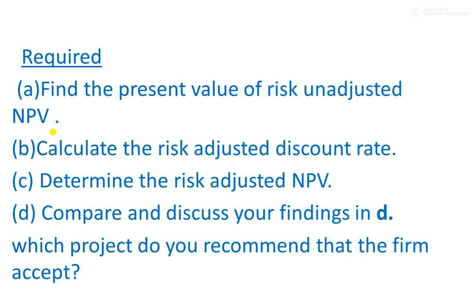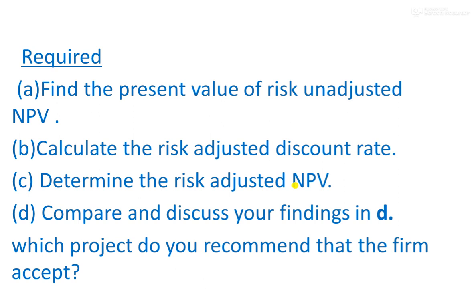Then B, calculate the risk adjusted discount rate. We know the short form of risk adjusted discount rate is RADR, so we have to calculate the RADR. Then C, we need to calculate the risk adjusted NPV.